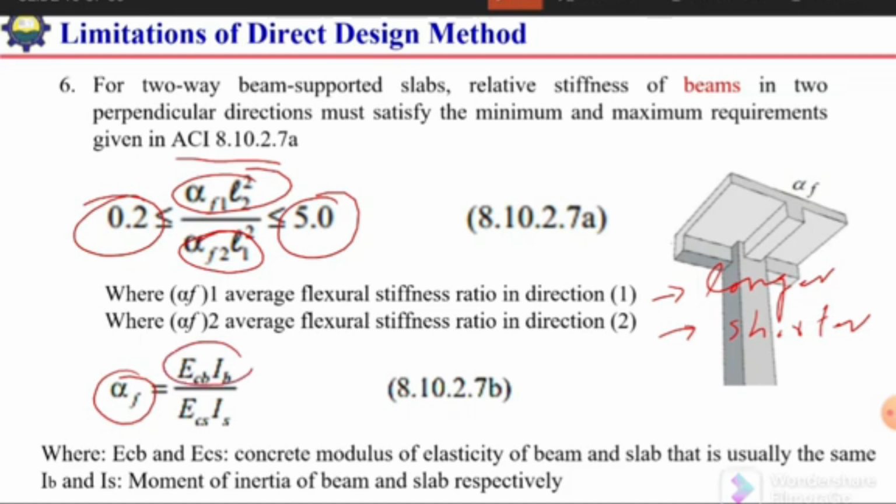So this is flexural stiffness of beam and this is flexural stiffness of slab, where ECB and IB are the modulus of elasticity and second moment of inertia of beam respectively, and ECS and IS are the modulus of elasticity and moment of inertia of slab respectively.